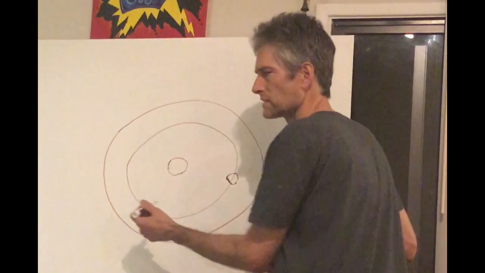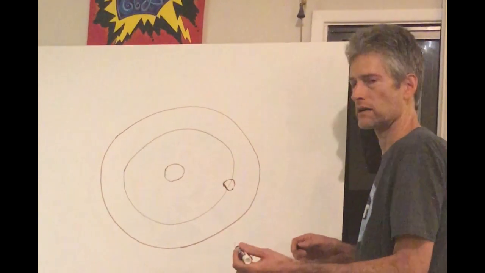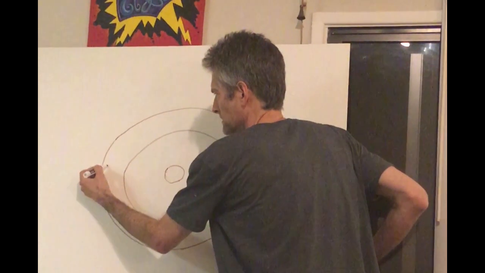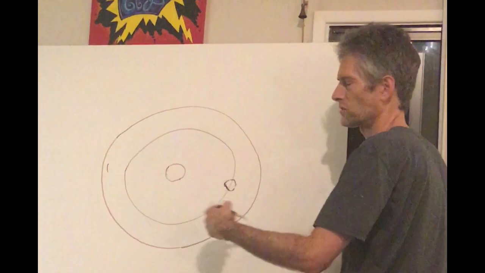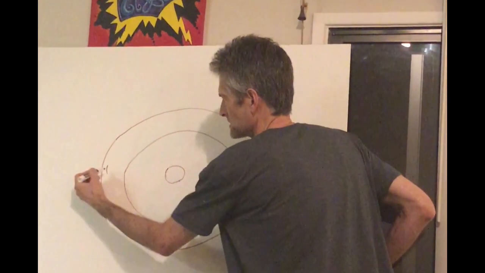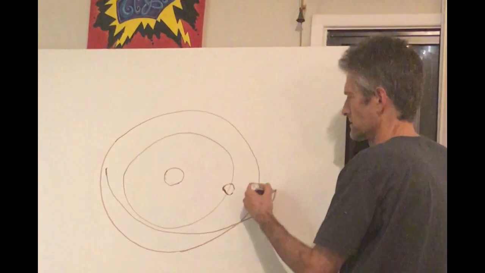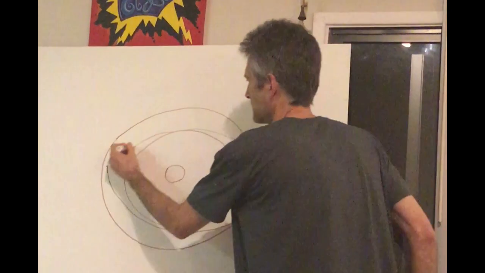Now what we have for Earth and Mars is the orbits begin to get a little bit more elliptical. That is, compared to a circular orbit, they're closer to the sun on one side, I'll exaggerate this, and farther from the sun on the other side of the orbit.